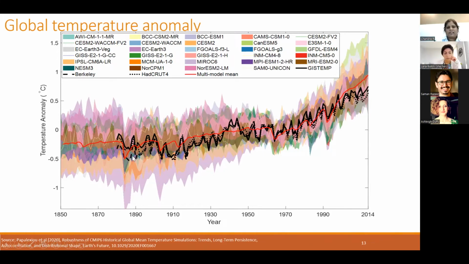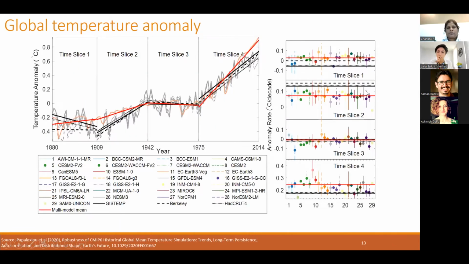We typically see that the multimodel mean more or less traces the observations here, except at this part where we see that CMIP6 is at a slightly higher rate compared to the observations. But when we discretize into different time slices, we see that there is a huge difference between the observations and the simulated multimodel mean.